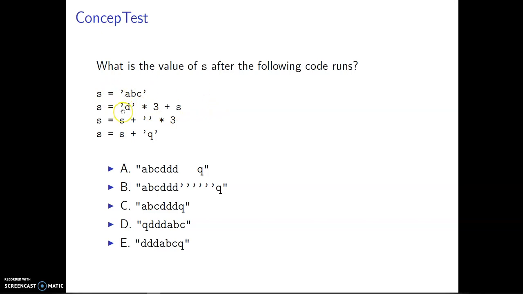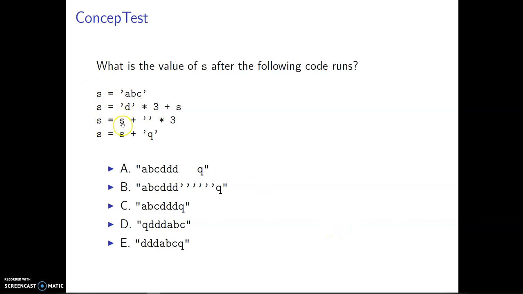We're taking DDD, times 3, plus S. Okay, so think about what you'd have here. You'd have DDD ABC. So it's going to be just 3 Ds, then ABC, because S is that. It's not a literal string; if we put quotes around this, it would be DDDS, right? But S is an object here.